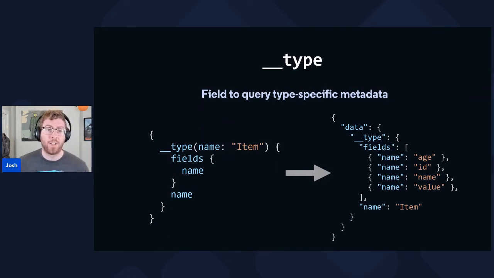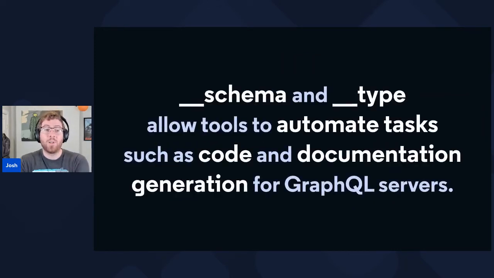Now, there are other introspection endpoints and options you have with GraphQL, but in my limited experience working with auto generation for TypeScript types, __schema and __type are by far the most useful and fun to understand. So in short, __schema and __type allow tools to automate tasks such as code and documentation generation for GraphQL servers.